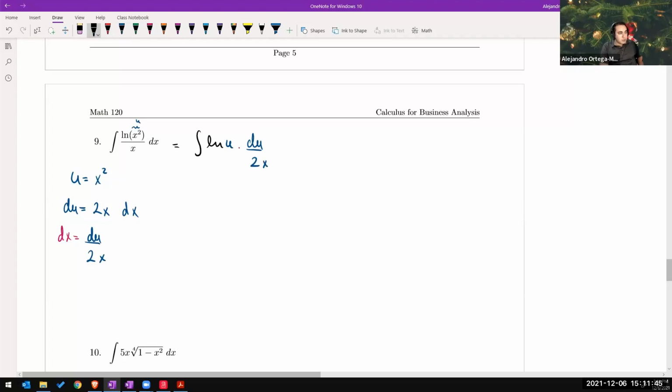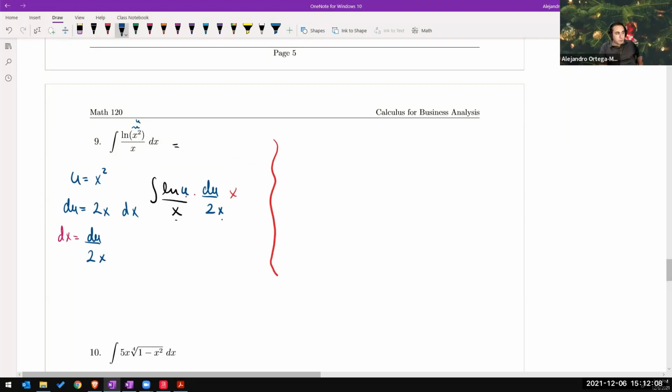But notice that we still have an x on the bottom. So this one doesn't quite work because I got x's and I got u's. Okay, so this one didn't quite work. So let's try it with another choice of u.